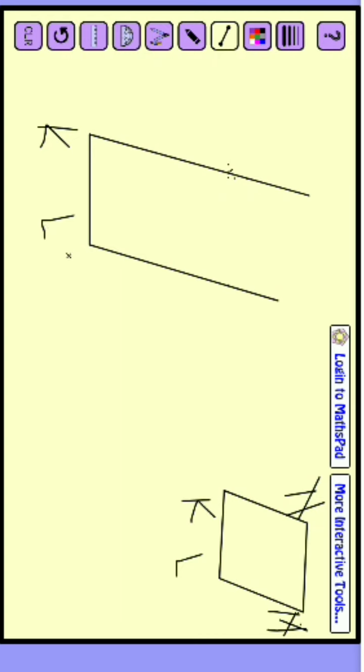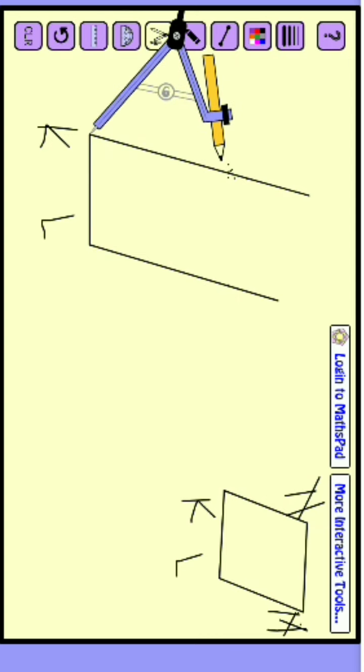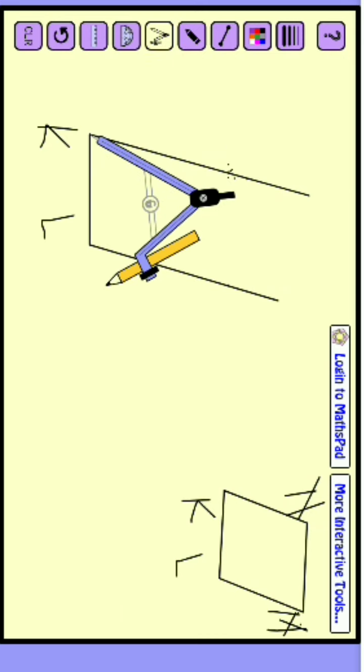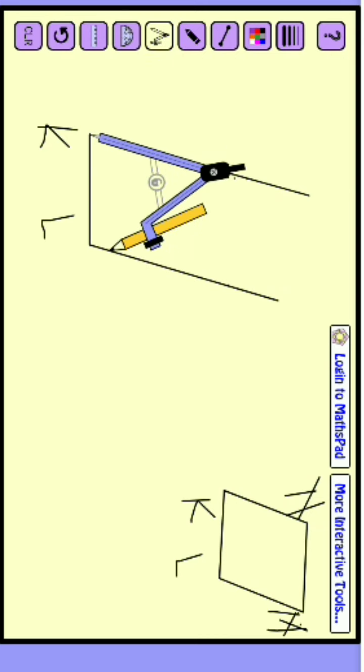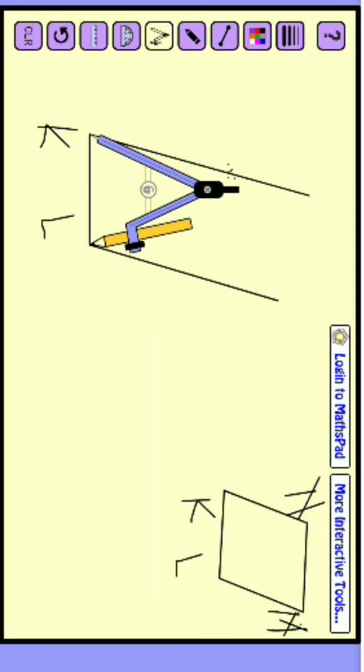Now we know the length of KL and LM. We know this length LM. So let's draw LM. Take the distance 4 cm, which is equal to KL.